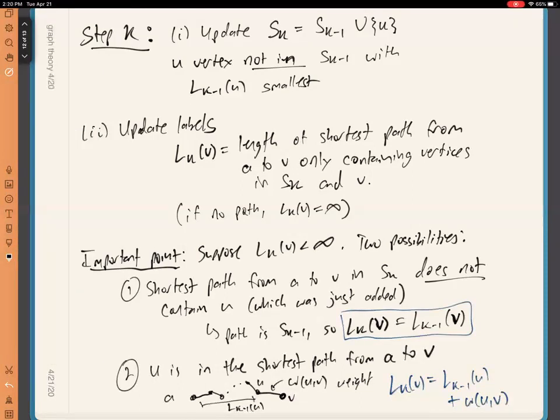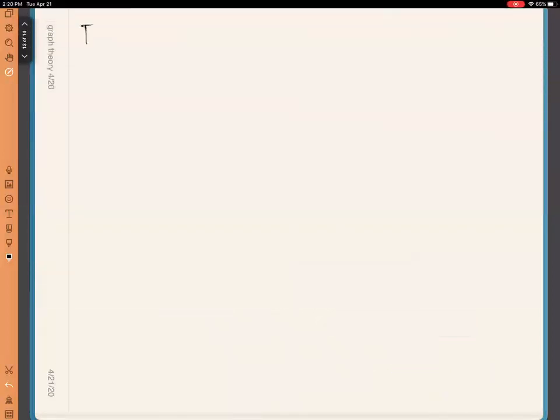And so since I'm always choosing the label to be as small as possible, we obtain the following equation. L_K(V), the label at step K for V, is the minimum of the two previous cases.